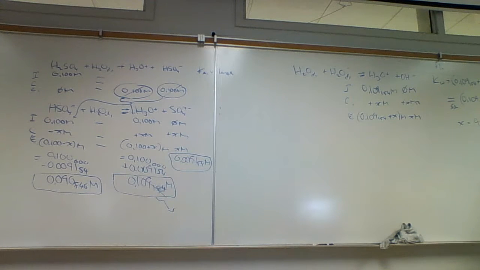This gives us a percent change, which is X over the original. So I'll just leave this in the calculator, divided by 0.109154, times 100. The percent change is 8.3 times 10 to the minus 11 percent.